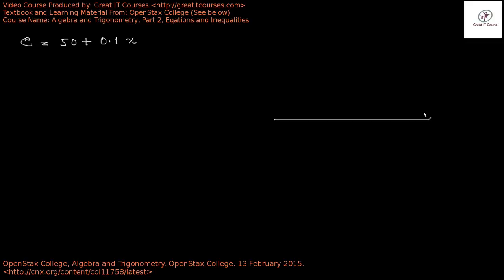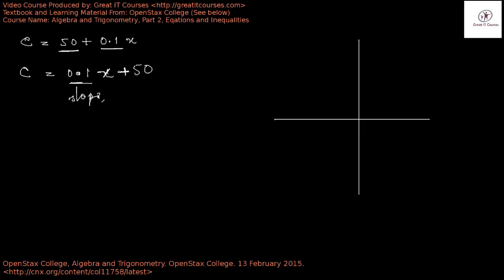So I can set up a Cartesian coordinate system just simply like that, and then I could say, okay, so this is my slope and this is my y-intercept, or I could write this the other way around. I could write this as c is equal to 0.1x plus 50, and now you must be more familiar with this form of this expression. So now this is my slope and this is my y-intercept.